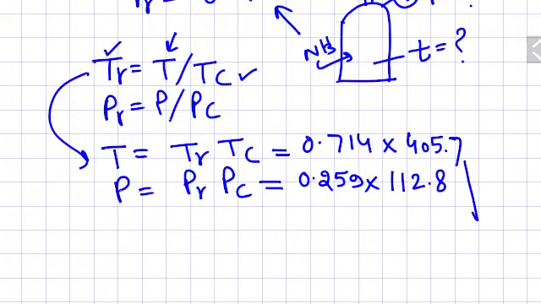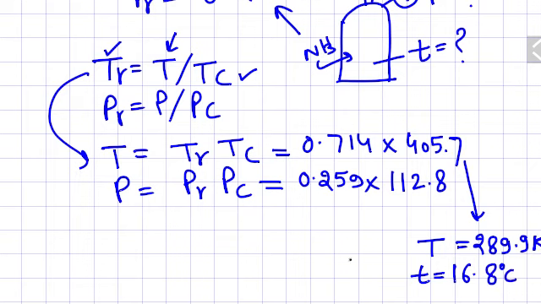When you multiply, you will get the temperature to be 289.9 Kelvin, and if you convert it to degrees centigrade, you will find this temperature. Multiplying for pressure, you will find the pressure to be 29.2 bar.